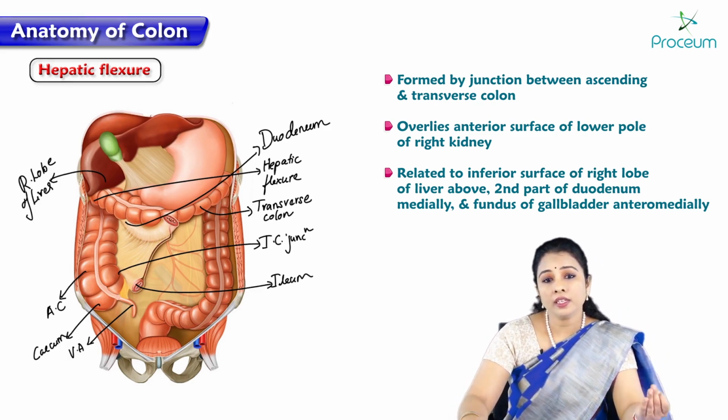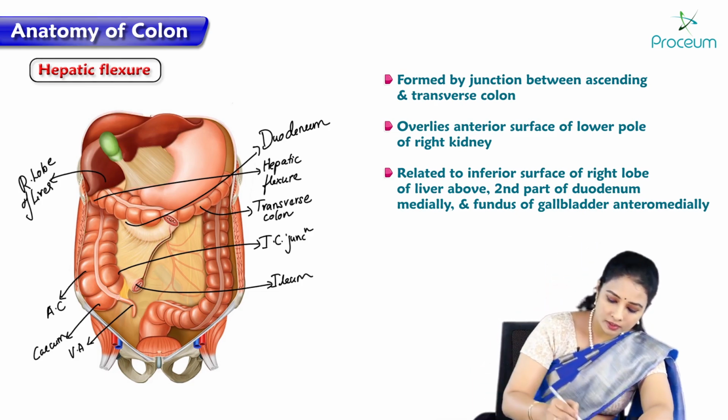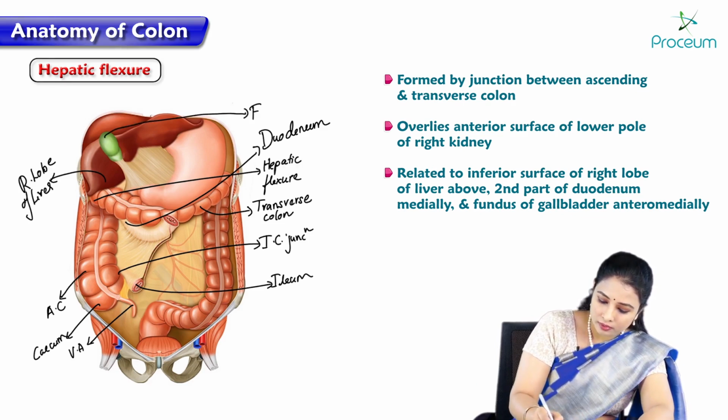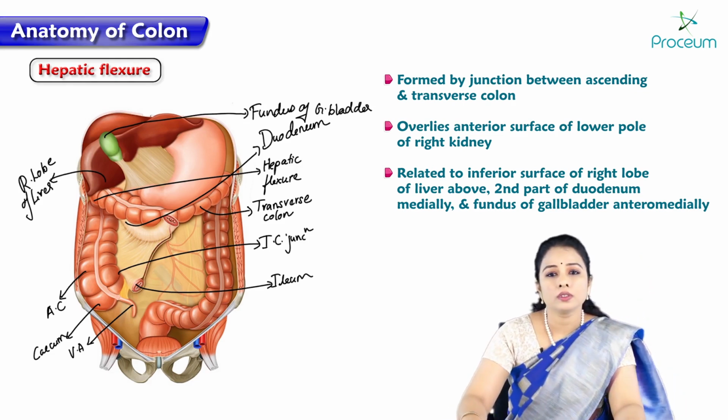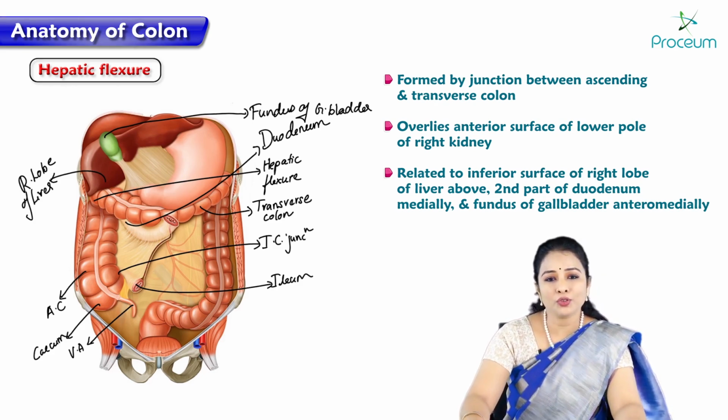The second part of the duodenum is present on the medial aspect, and the fundus of the gallbladder you can see is present anteromedially. So here the fundus of the gallbladder is retracted to expose the hepatic flexure of colon.